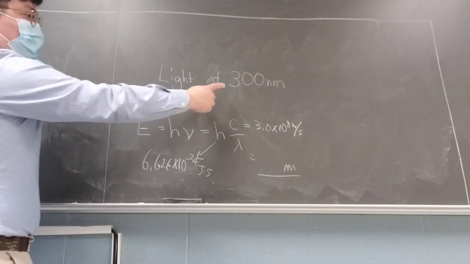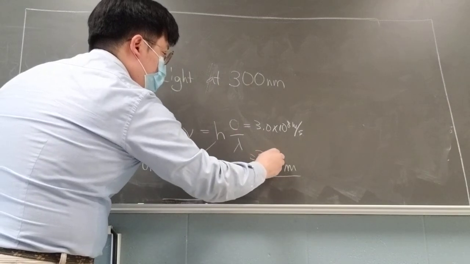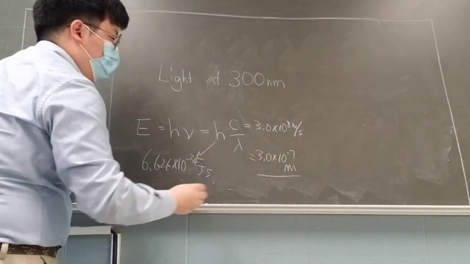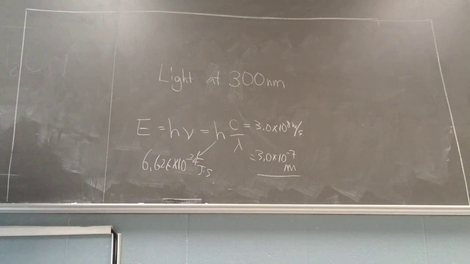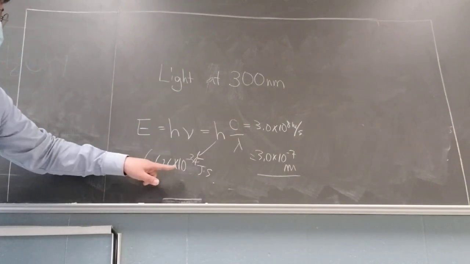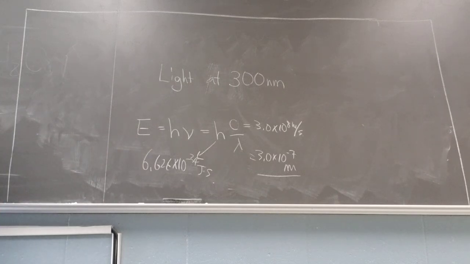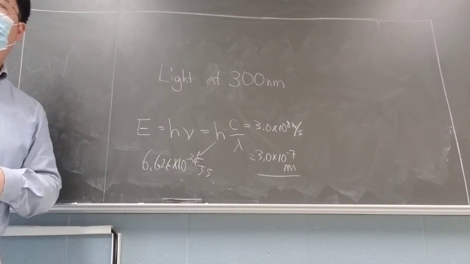If you convert this to meter, it will be 3.0 times 10 to the negative 7. So this one divided by this one, multiplied by the Planck constant, that's your answer. I'll give you about one or two minutes. You can try to plug all the numbers in and see if it adds up pretty well.